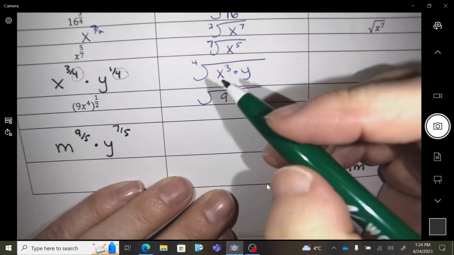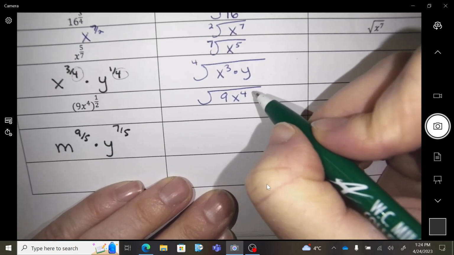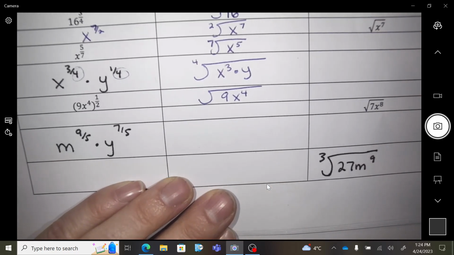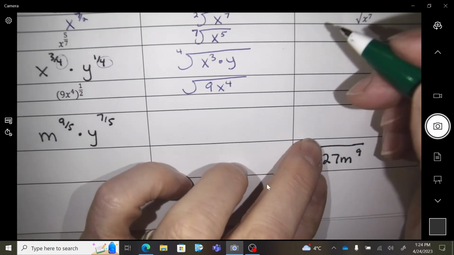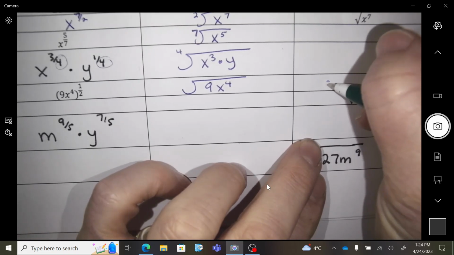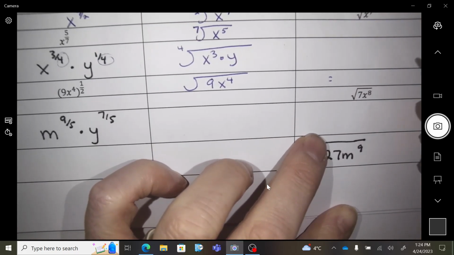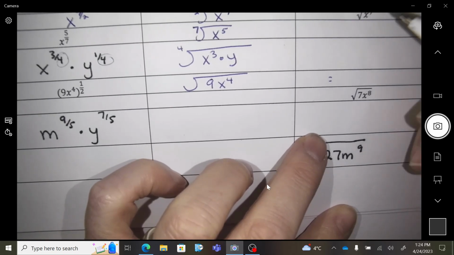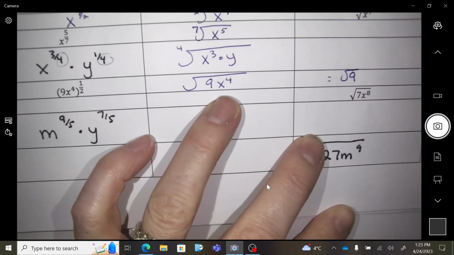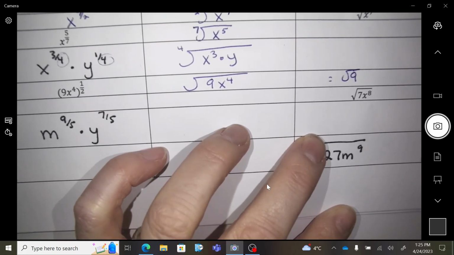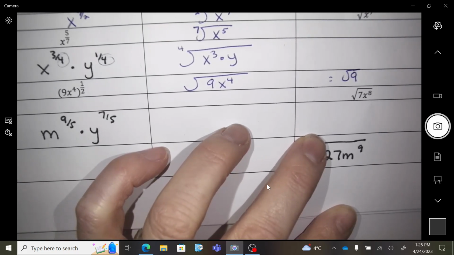Okay, and again, all of this could have a 1 and there could be a 2 out there, but I don't write those. Okay, I'm going to separate this.